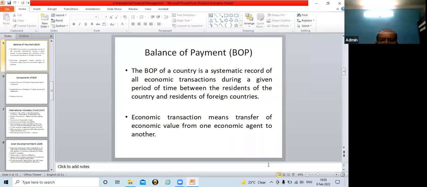That time also they had mentioned about balance of payment, and frequently you might have heard the word deficit and surplus. Have you heard this word deficit and surplus?